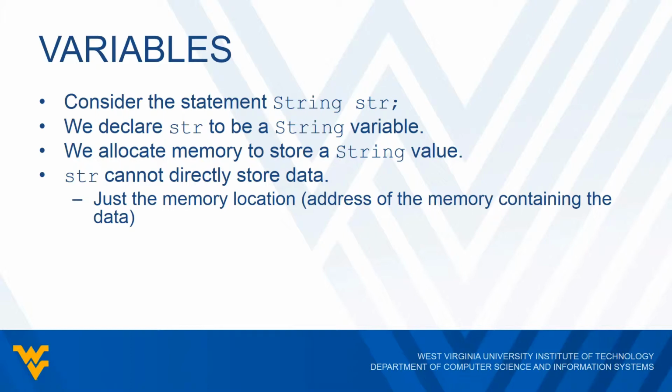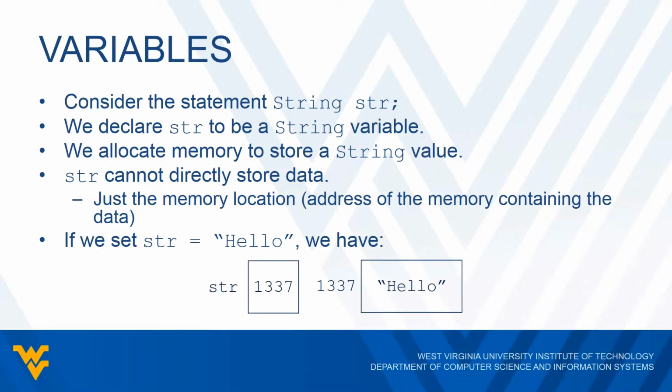So str is going to store the memory address that will point us to wherever our string data is. Let's say I do str equals hello. We would think that we would have something like a memory cell with hello and str as our address, but that's not true for strings. What we have instead are two different memory cells.